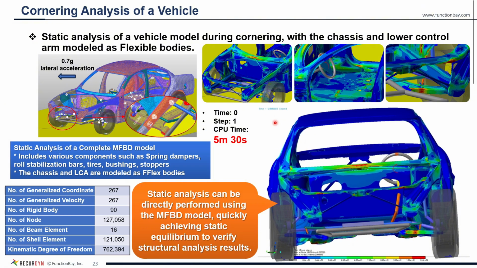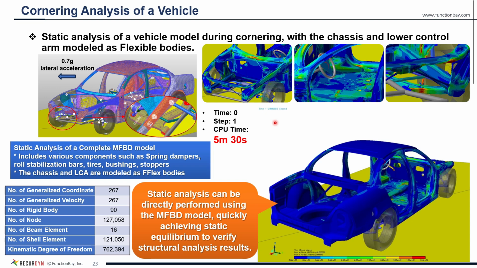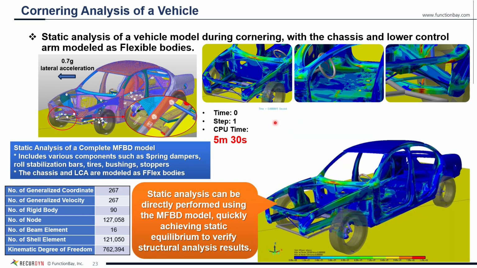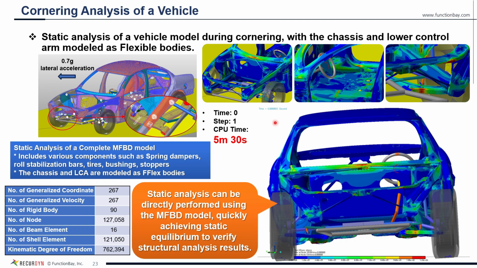All the models shown so far can be used for both dynamic analysis and static analysis. This capability, which is challenging for other software, effectively eliminates the boundary between dynamic analysis and static analysis when using RecurDyn.